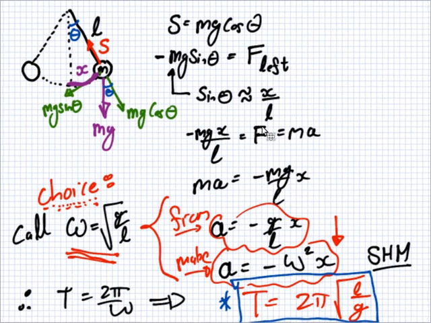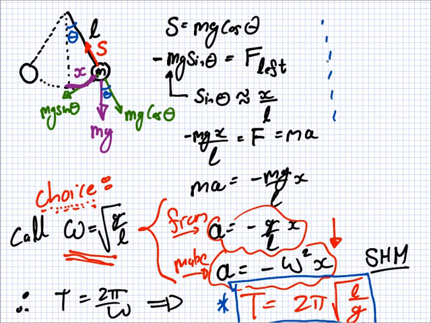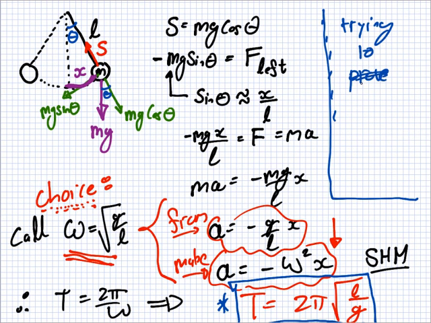So what I'm trying to do is find a T formula for the pendulum. I want to figure out a formula for the time. So I have succeeded. Most years I succeed to find the formula.